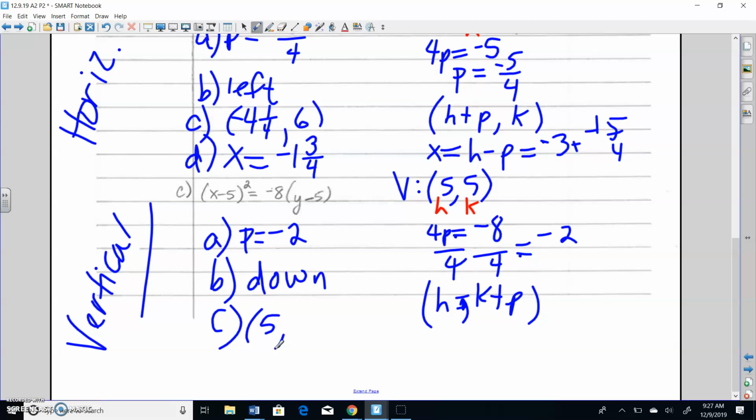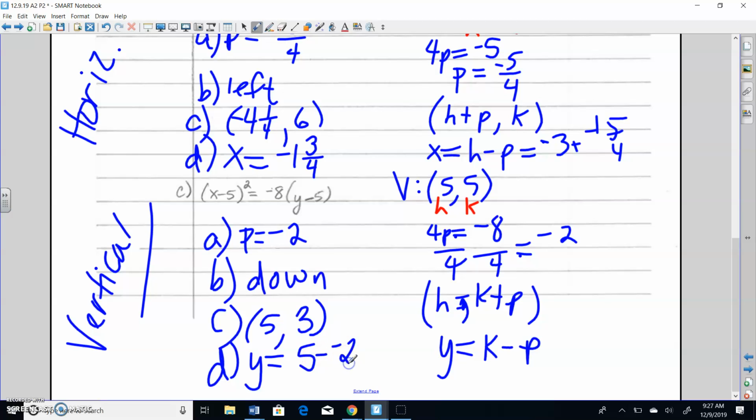That's 5 plus a negative 2, which is 3. There's our focus point. Our directrix is the equation y equals k minus p. And so k is 5 minus p, which would be a negative 2, or 7. y equals 7, correct? Everybody agree?